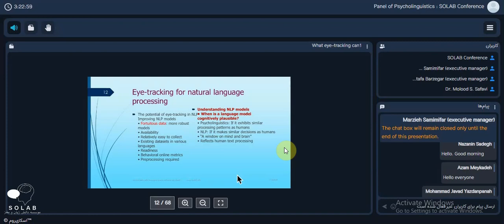In this branch of science, there is the potential of eye tracking in improving NLP models, because eye tracking has the ability, relatively easy to collect the information, existing datasets in various languages, readiness, behavior online metrics, and pre-processing required.